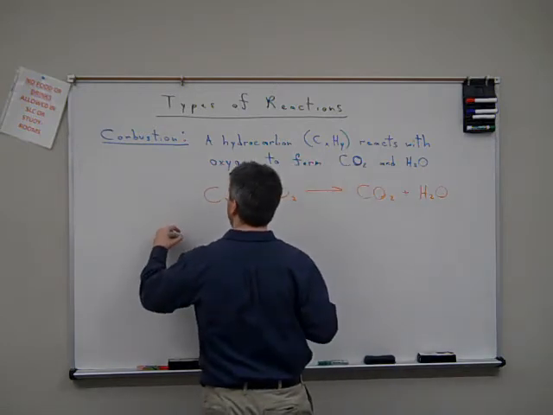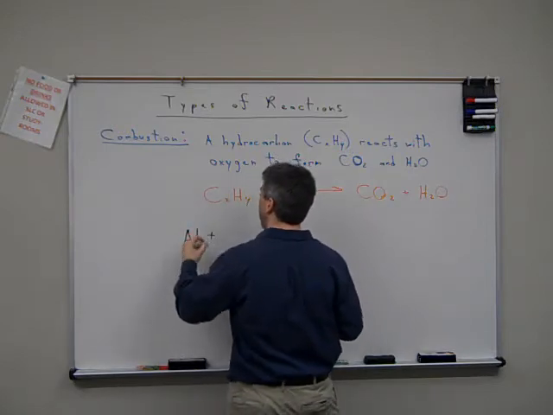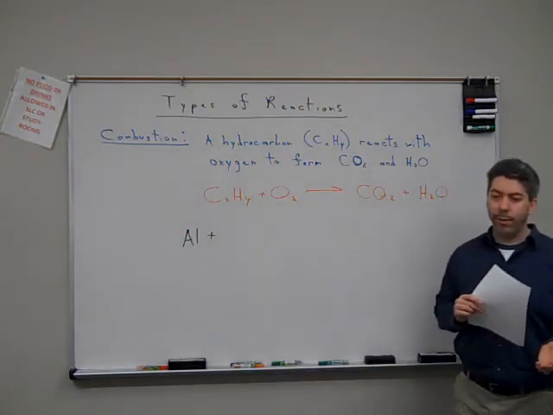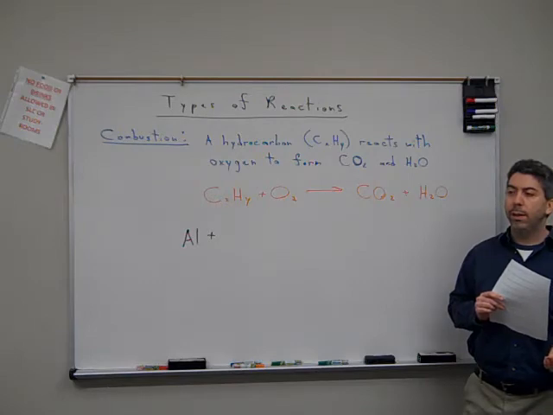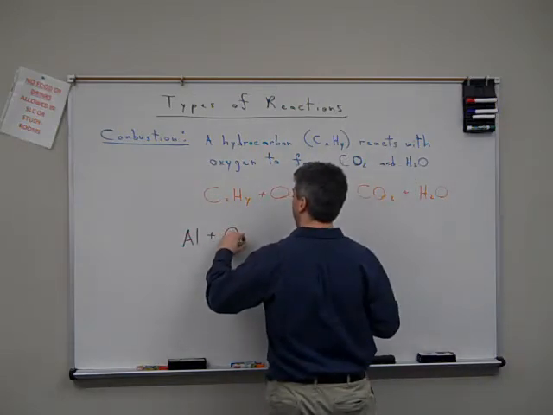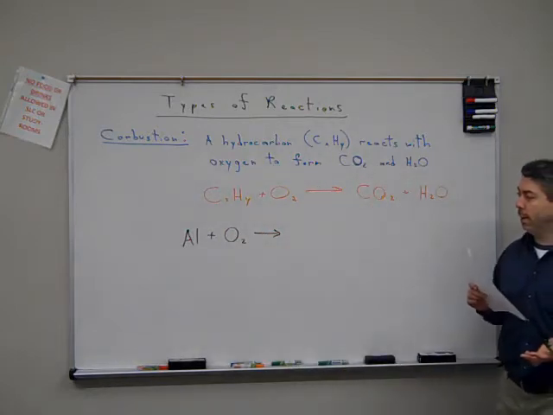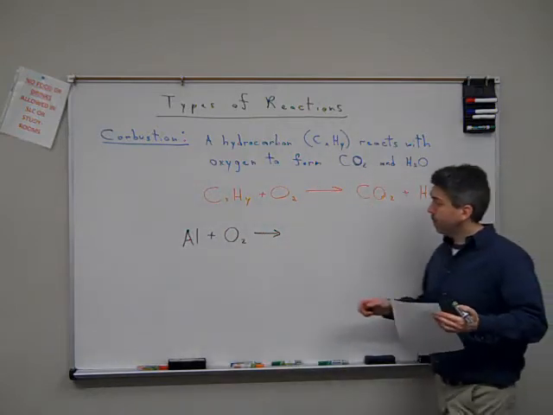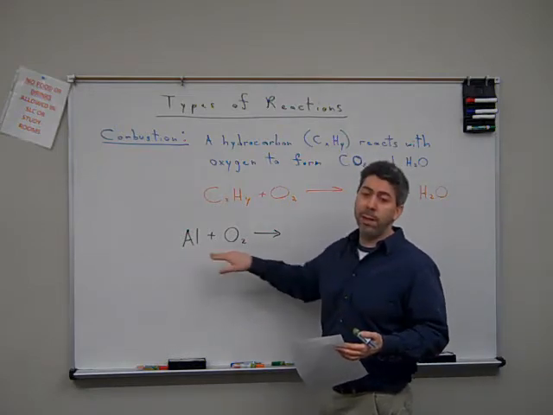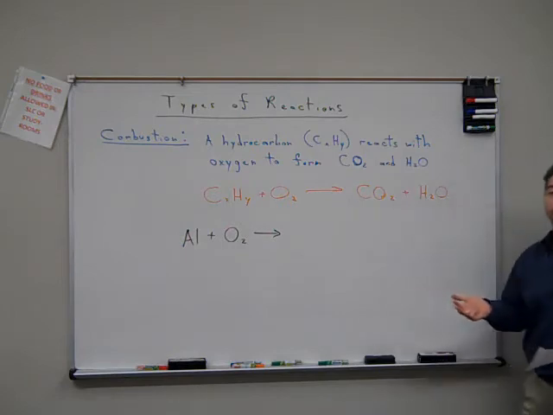So aluminum is just going to be aluminum metal. Oxygen would be what? O2. Remember the Brinkelhoff, it has to be diatomic. So that's going to form aluminum oxide. Now in this case, aluminum is a metal, oxygen is a non-metal, so that's going to form what type of compound?